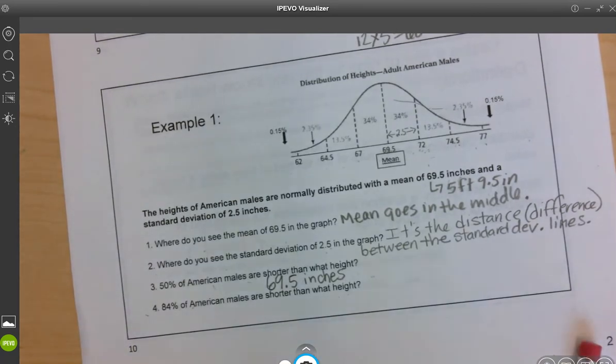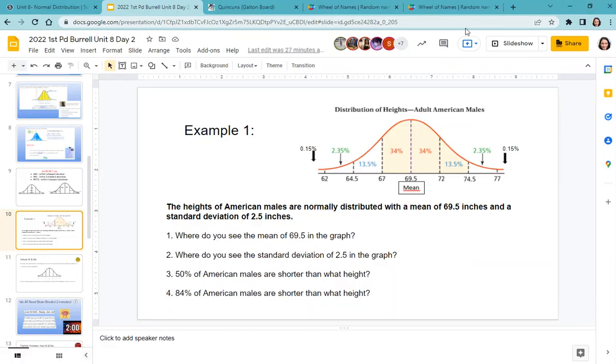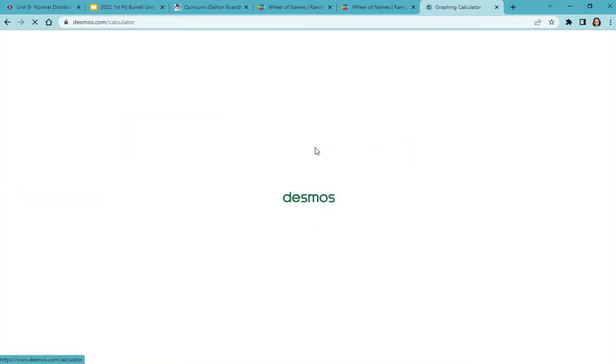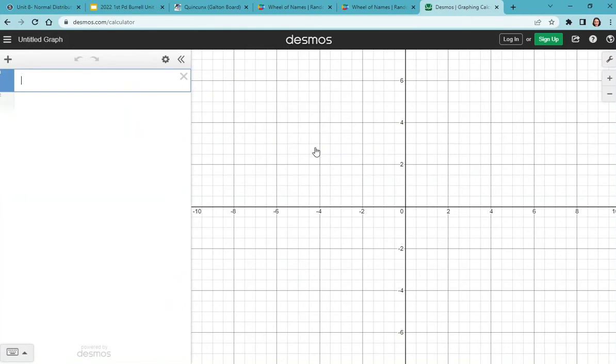All right, so let's just check their answer real quick. I'm going to use Desmos to check their answer. And what I'm going to do is add up all of the percentages less than 72 to see if that makes 84%. So I need a new Desmos. All right. So I'm going to add 0.15% plus 2.35% plus, oops, I missed a 5 there, 13.5%, 34, and then I have another 34 to get up to 72, and it does make 84.